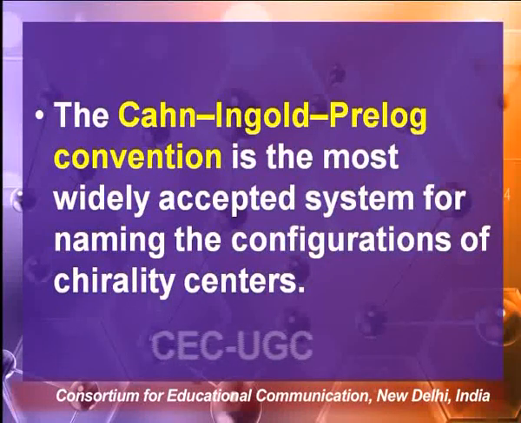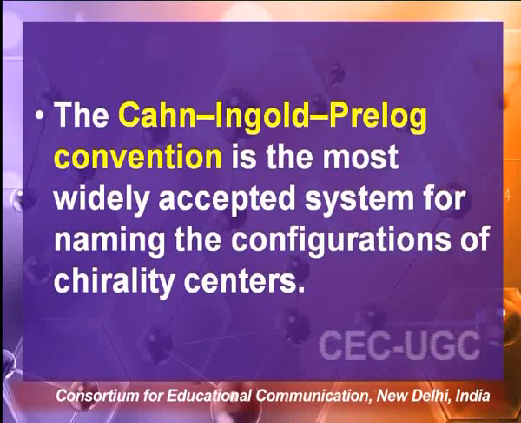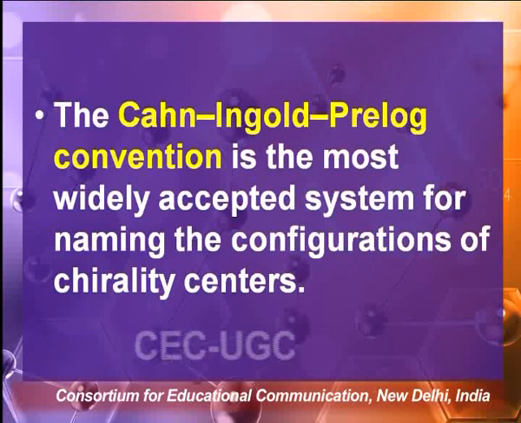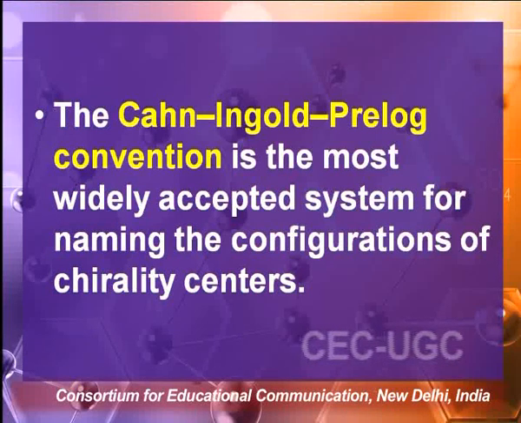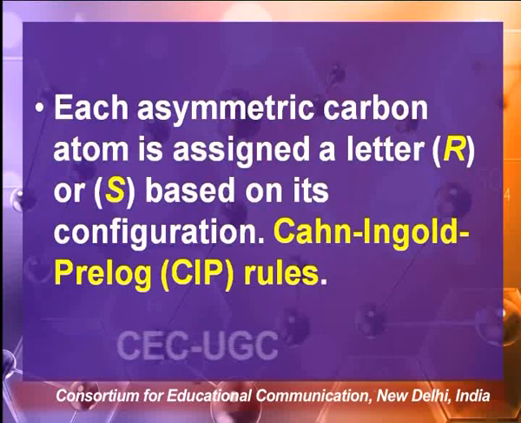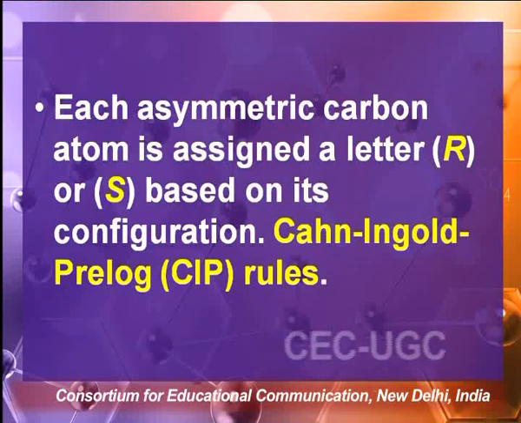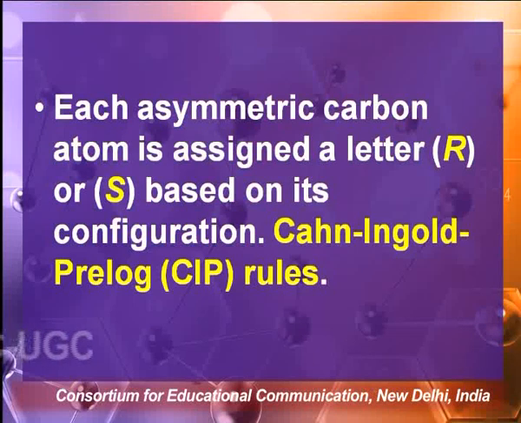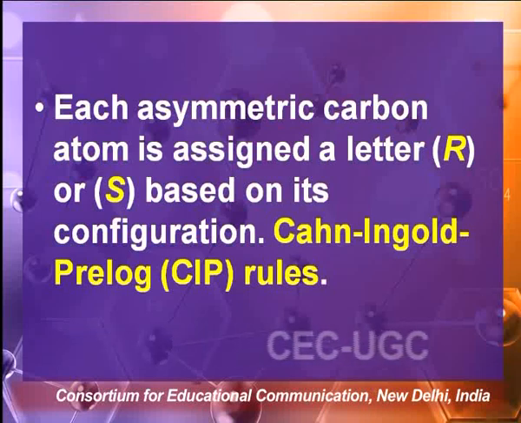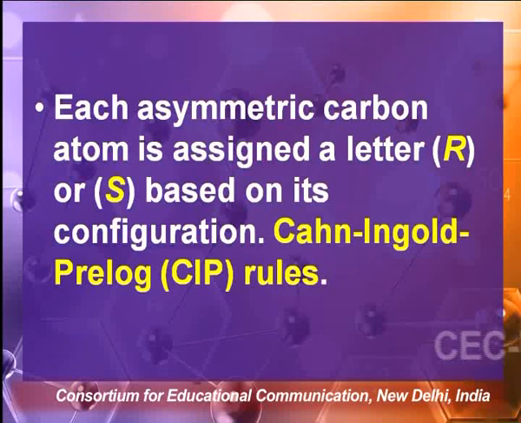And this system was given by Cahn, Ingold and Prelog, and it is the most widely accepted system for naming the configuration of the chiral centers. And according to this system, each asymmetric carbon atom is assigned a letter R or letter S based on its configuration, that is based on the rules given by Cahn, Ingold and Prelog, which are also known as CIP rules.